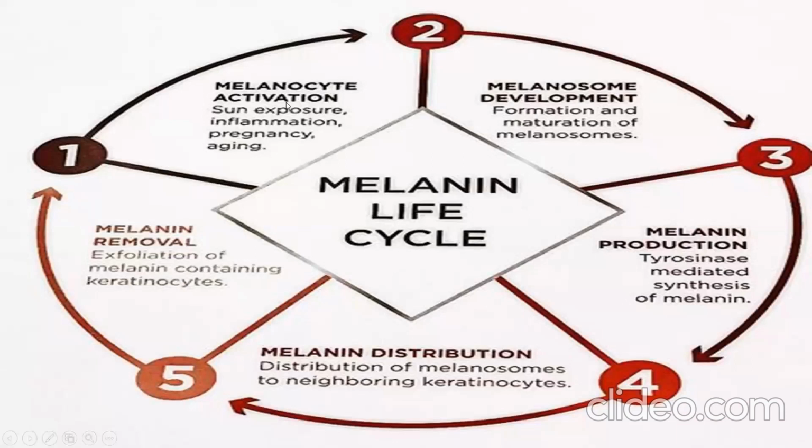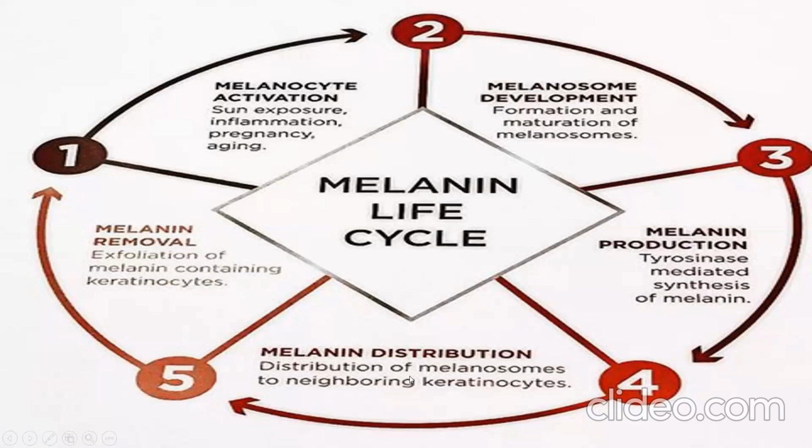First is melanocyte activation due to sun exposure, inflammation, pregnancy, aging. This activation leads to formation and maturation of melanosomes, which leads to melanin production, that is, tyrosinase-mediated synthesis of melanin.